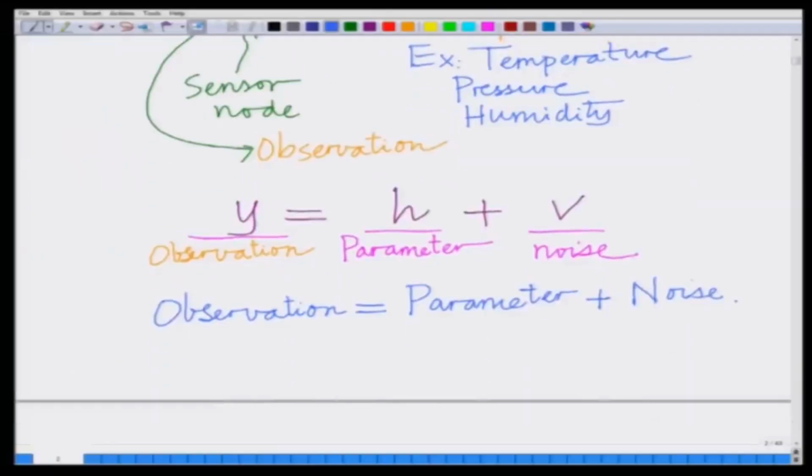So, the observation is typically modeled as the parameter h in the presence of the noise v, and typically this noise v is Gaussian noise, again a very common model for the noise.